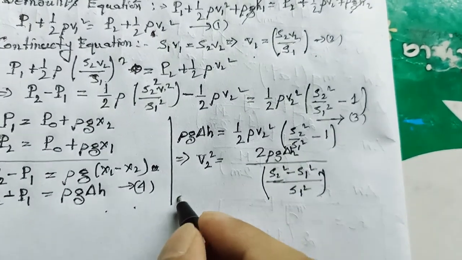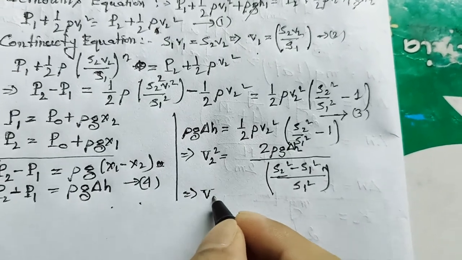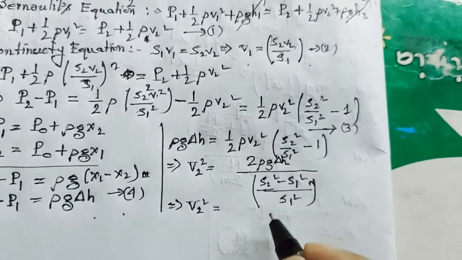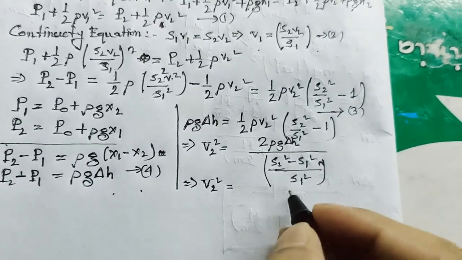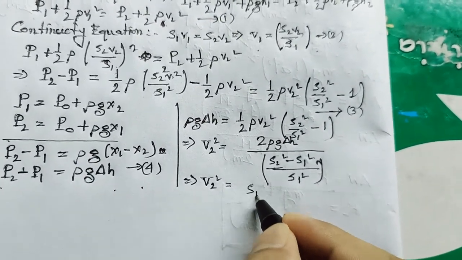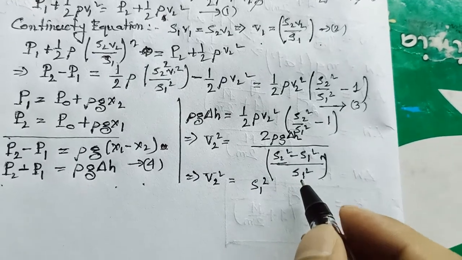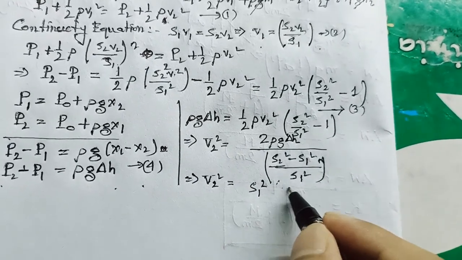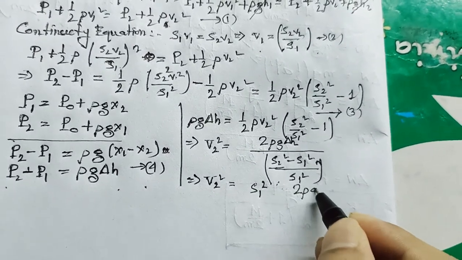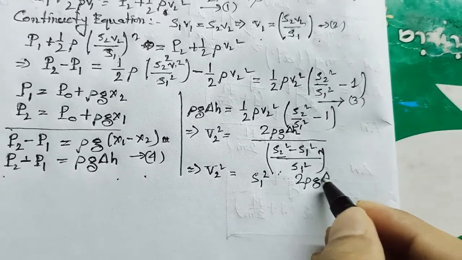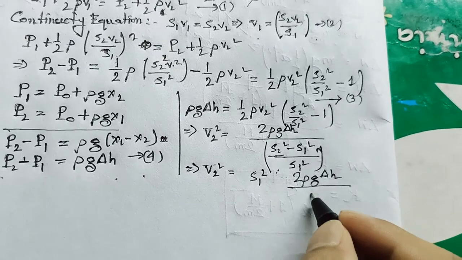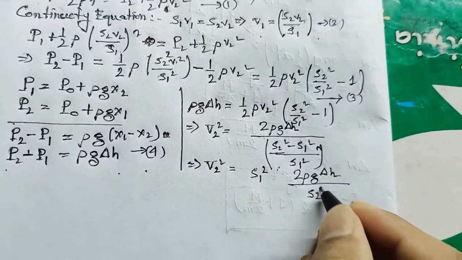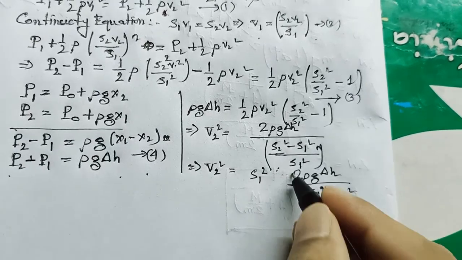So our term for velocity V2 square will be S1 square into 2 rho g del H divided by (S2 square minus S1 square).